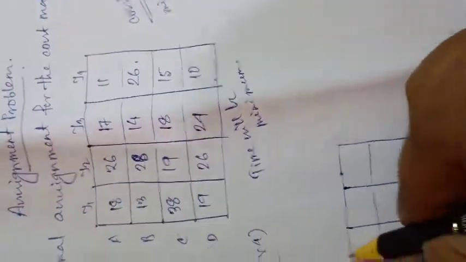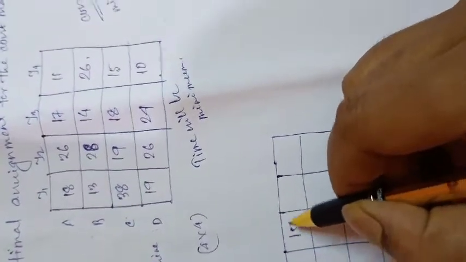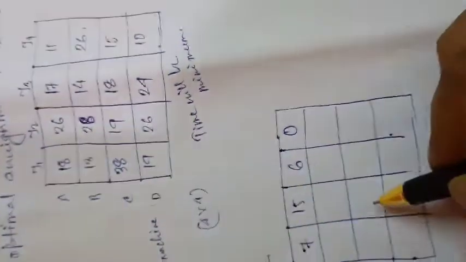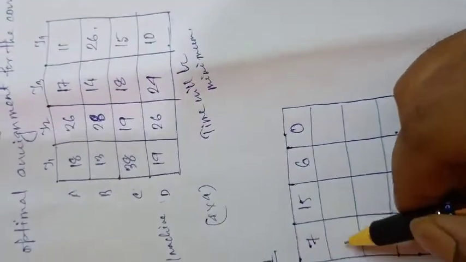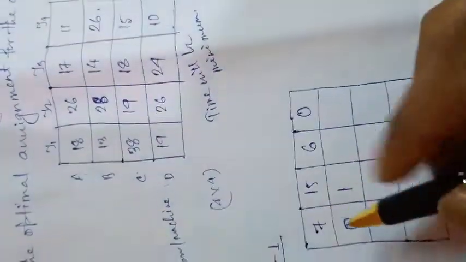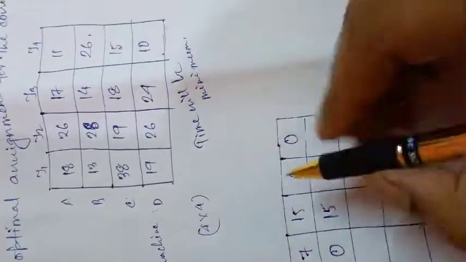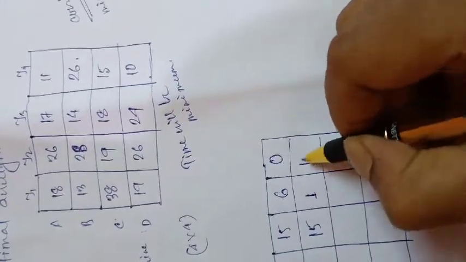In the first row 11 is the minimum, so it will be 7, it will be 15, it will be 6, it will be 0. Next, in the second row 13 is the minimum, so it will be 0, 15, 1, 13.